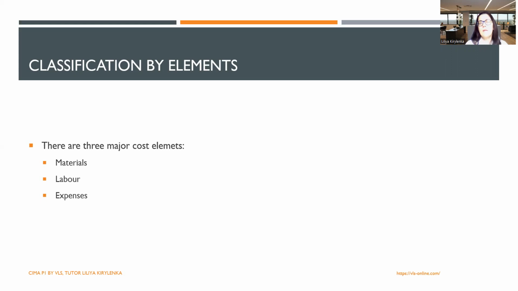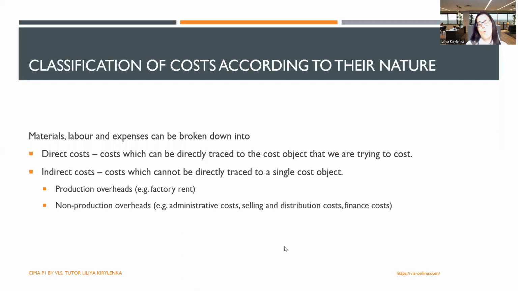There may be consumables, for example, cleaning materials, because we do need to clean the equipment. Maintenance materials such as spare parts for your machinery and so on. But these 3 are the main classifications of elements.